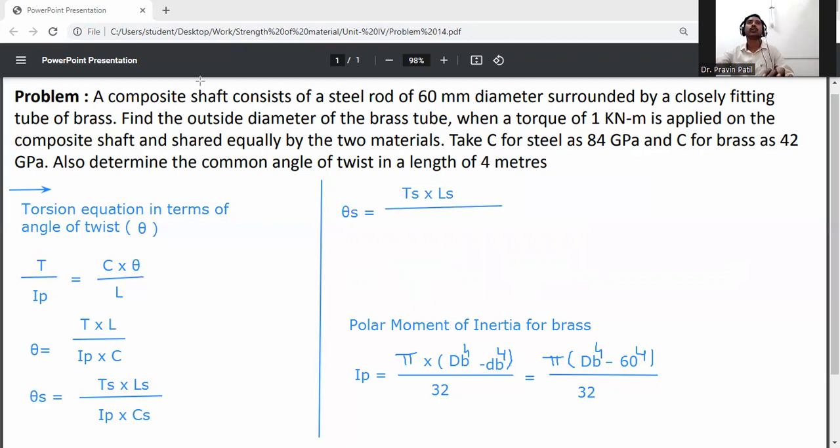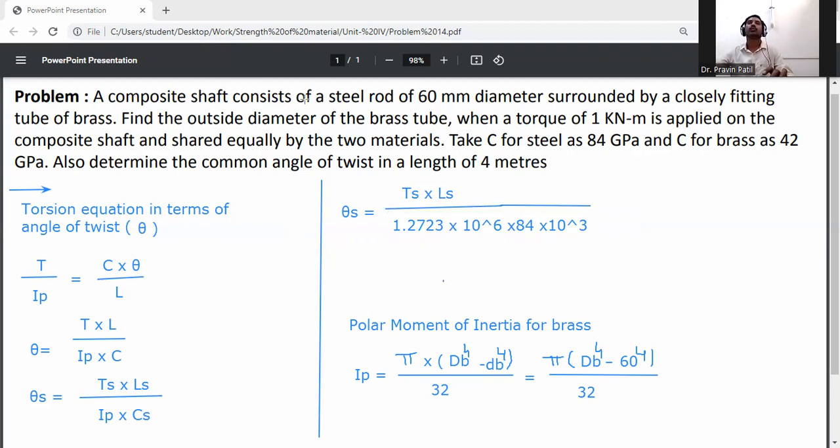We have calculated this value, it is 1.2723 into 10 raised to the power 6, into CS, for steel it is 84 into 10 raised to the power 3.